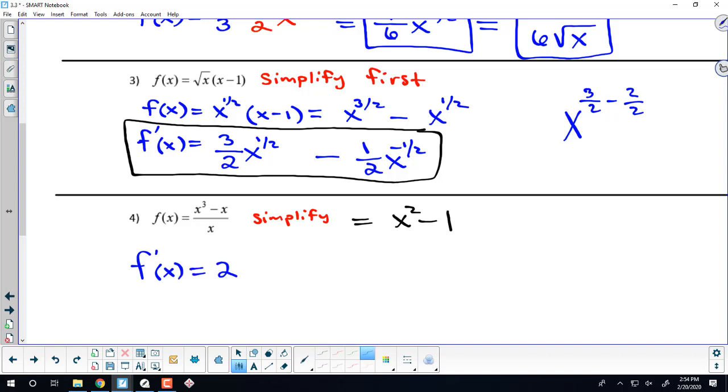2x? What do y'all think? The derivative of x squared is 2x. The derivative of negative 1 is 0. I'll write that here, just if you're thinking of it this way.